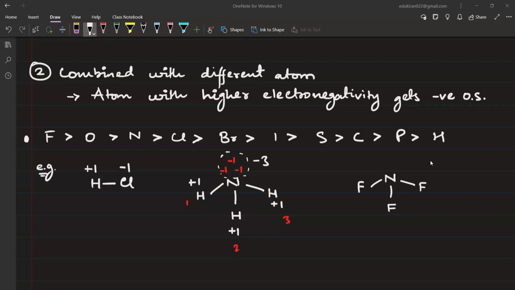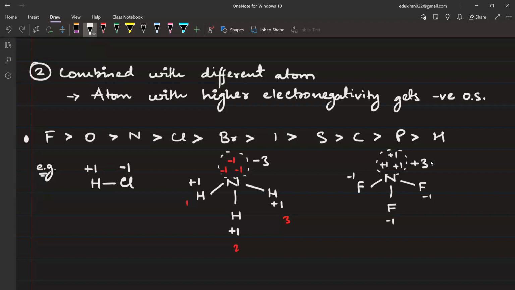So fluorine is going to get -1, -1, -1. And due to -1 of one fluorine, nitrogen will have +1, +1, and +1. So in total, nitrogen is going to have +3 oxidation state. So oxidation state depends on the atom which is combined. Nitrogen is -3 when it is attached with hydrogen, but +3 when it is attached with fluorine.